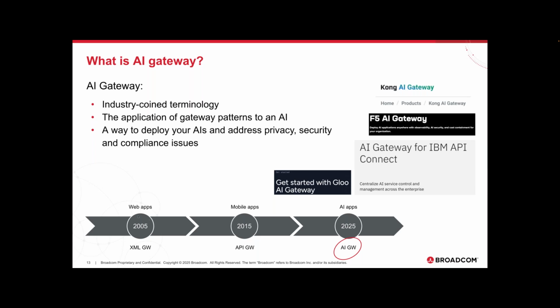In 2005, we were talking about XML gateway. 10 years later, we were talking about API gateway. Now we're talking about AI gateway. It's just a great pattern that makes a lot of sense, but you don't necessarily need to reinvent the product for that. It makes a lot of sense, especially where people have an established set of infrastructure, for example Layer7, to continue using your existing patterns instead of reinventing the wheel.